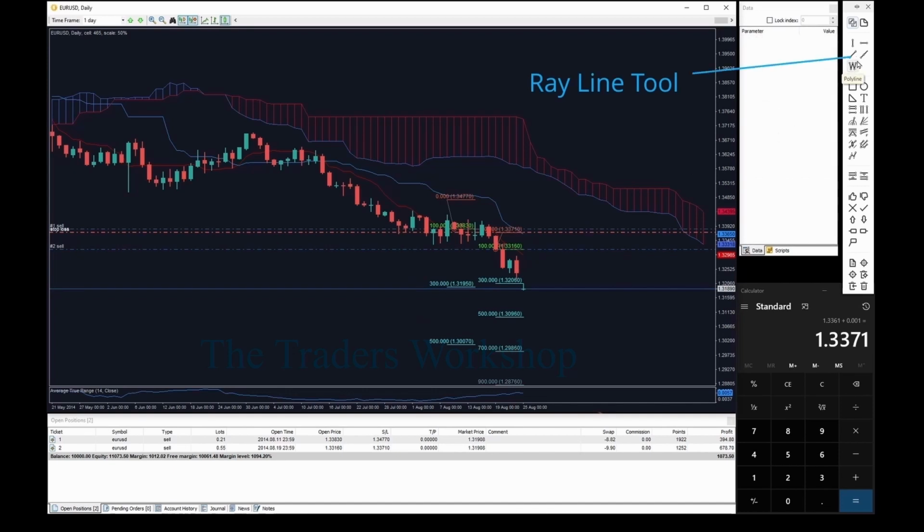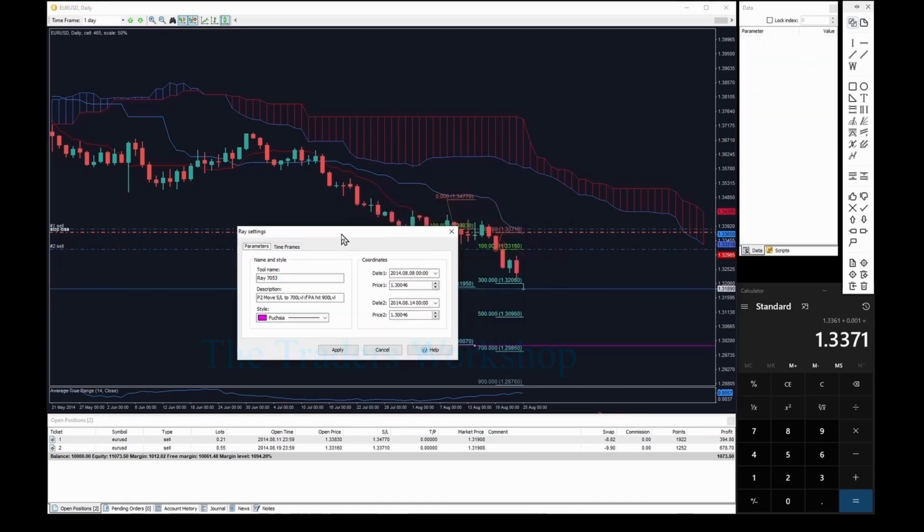Then, we will mark the next level with this ray line. The next level will be level 500. If you can remember from the last video, we need to edit the description and the exact price coordinates of this ray line to match the exact price at level 500.